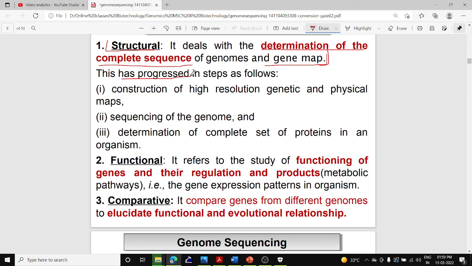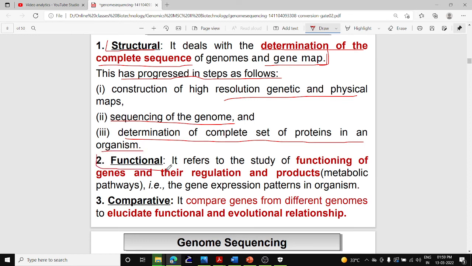This has progressed in steps: the construction of high resolution genetic and physical maps, sequencing of the genome, and the determination of the complete set of proteins in an organism.